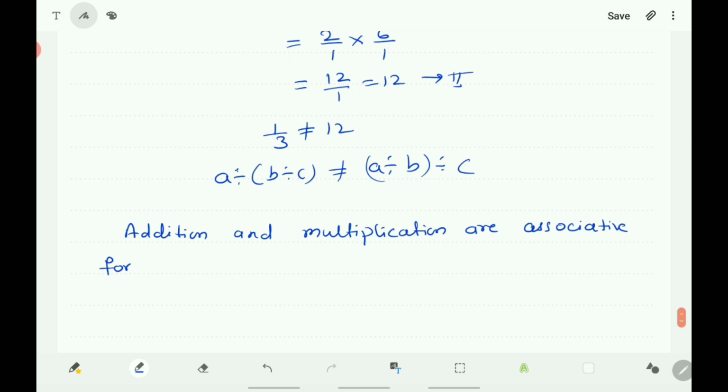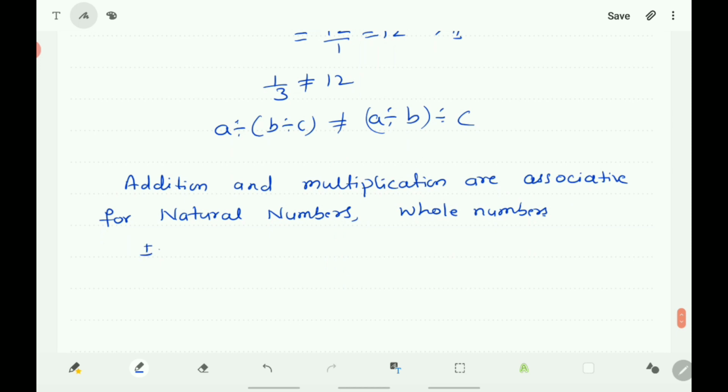for natural numbers, whole numbers, integers, means for all rational numbers, because you know that the set of rational numbers includes all natural numbers, whole numbers and integers.